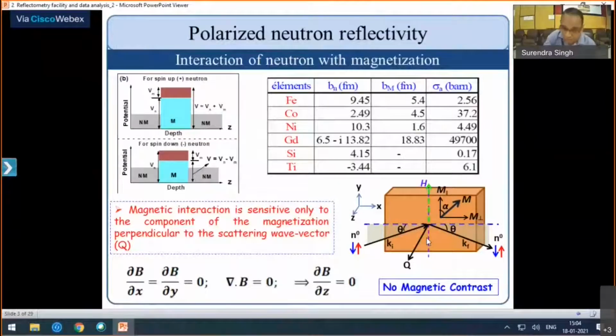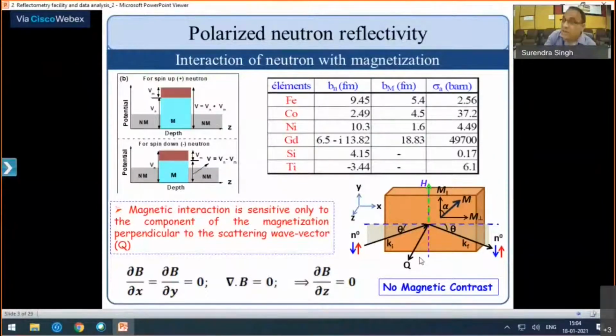This is valid for diffraction also. If the magnetization of the sample is along the Q direction, where Q is defined as ki minus kf, it is out of the plane for thin films.